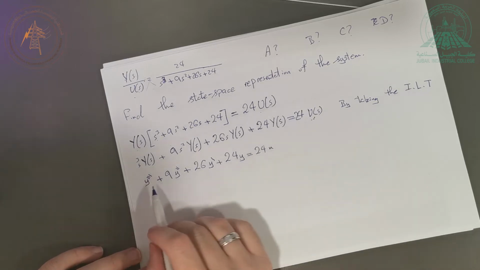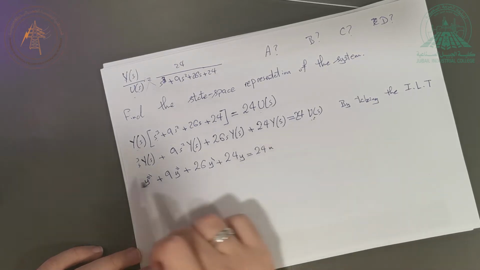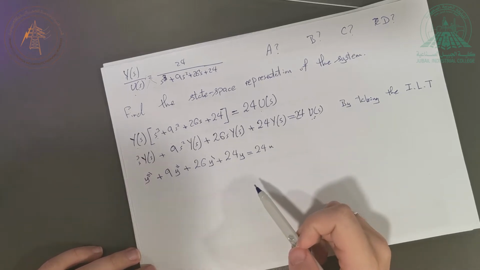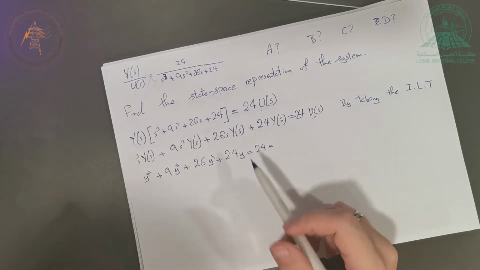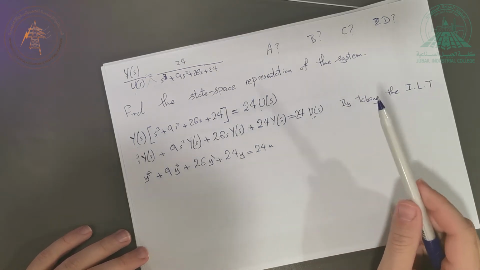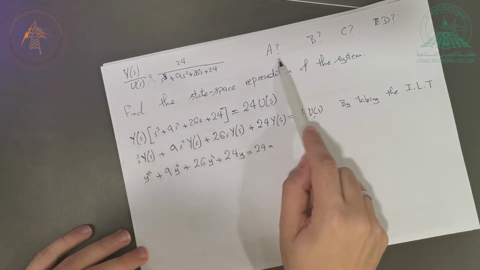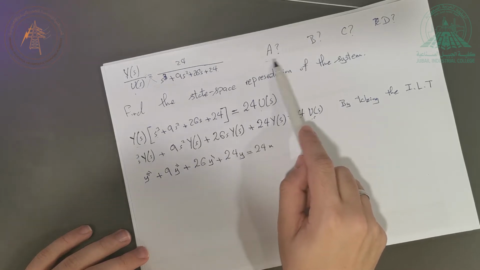Okay, Shabab, I hope it's clear how I reached this step. Now remember, in order to write the ABCD matrices, the A matrix is the most important one, obviously. So the A matrix is the most important one to be able to get.